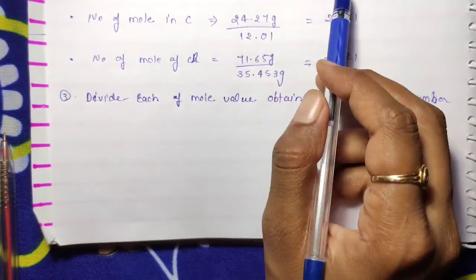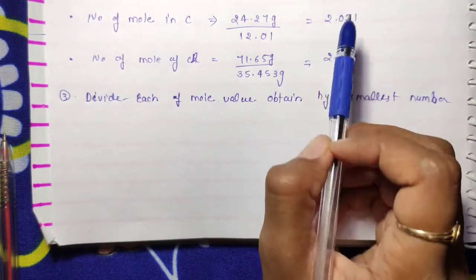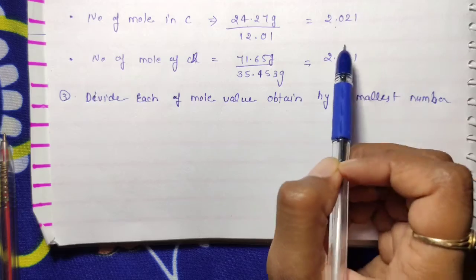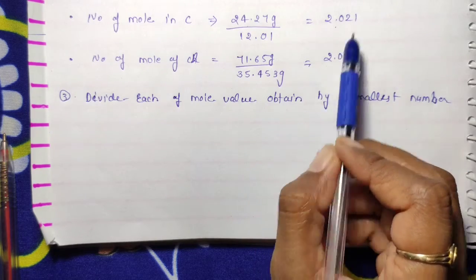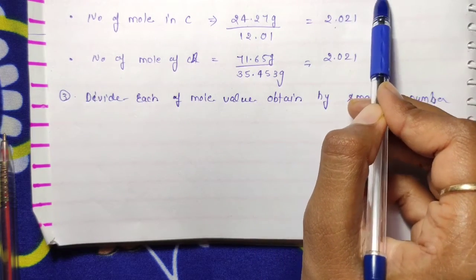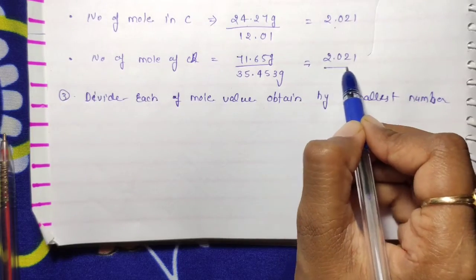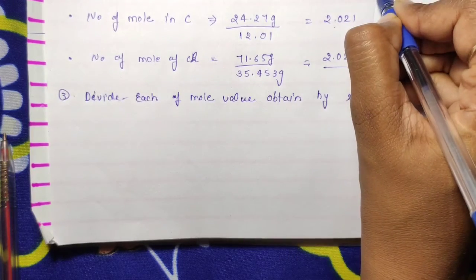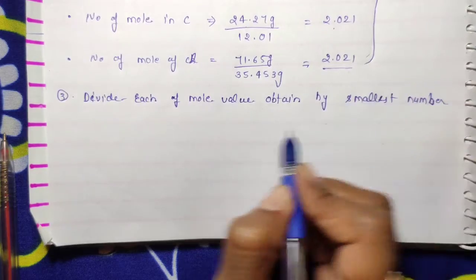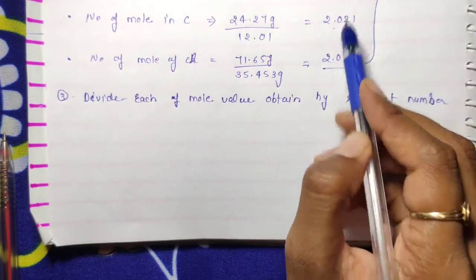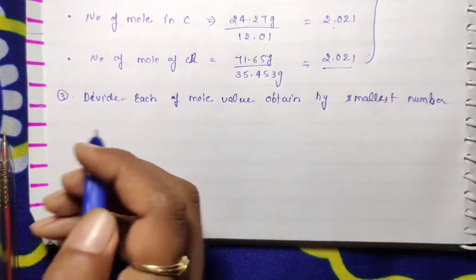In this step, we have number of moles 4.04, 2.021, 2.021. In all three values, 2.021 is the smallest number. So we will divide all three values by 2.021.